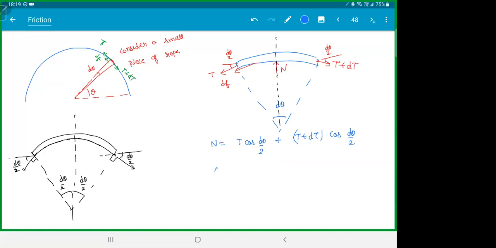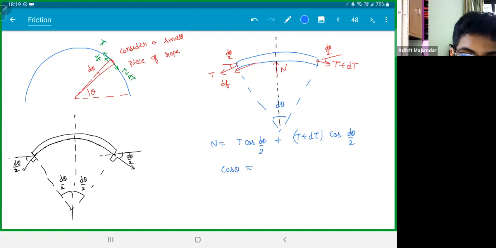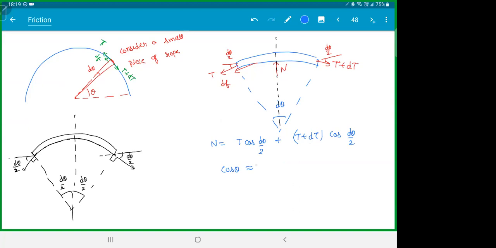Let me write here. So cos theta is approximately 1. Sin theta? You're right, it was sin, the vertical component. Sin theta for small angles will be approximately theta.